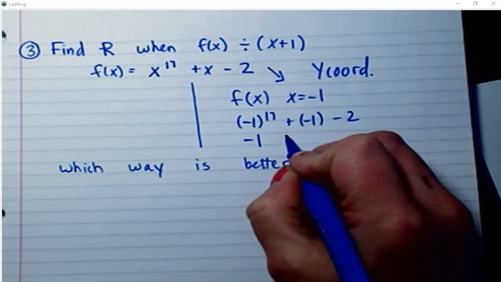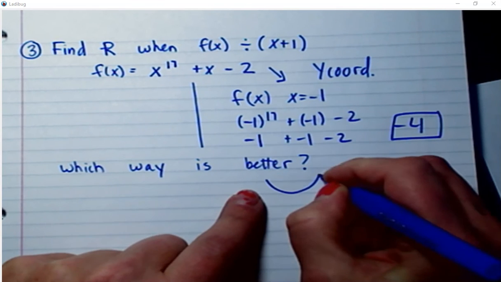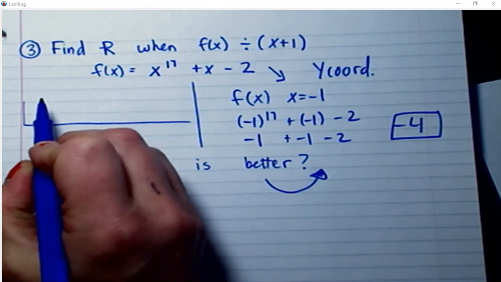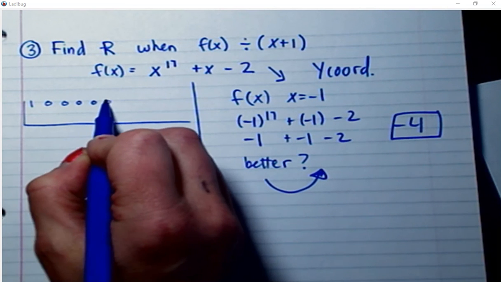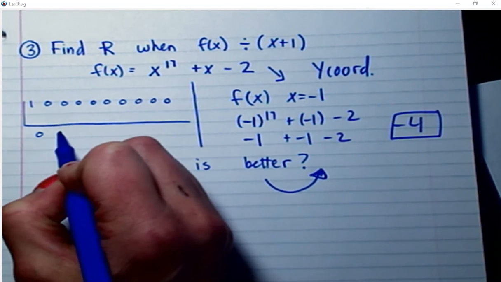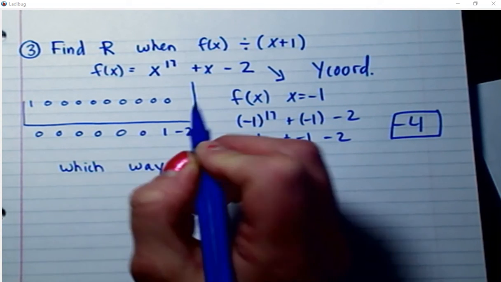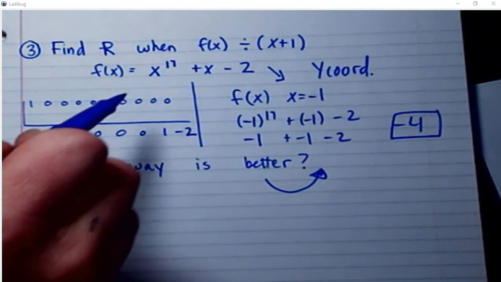So an odd exponent, woo, -4. Less work, not 16 zeros. Guys, there's way too many zeros to do it the synthetic division way.